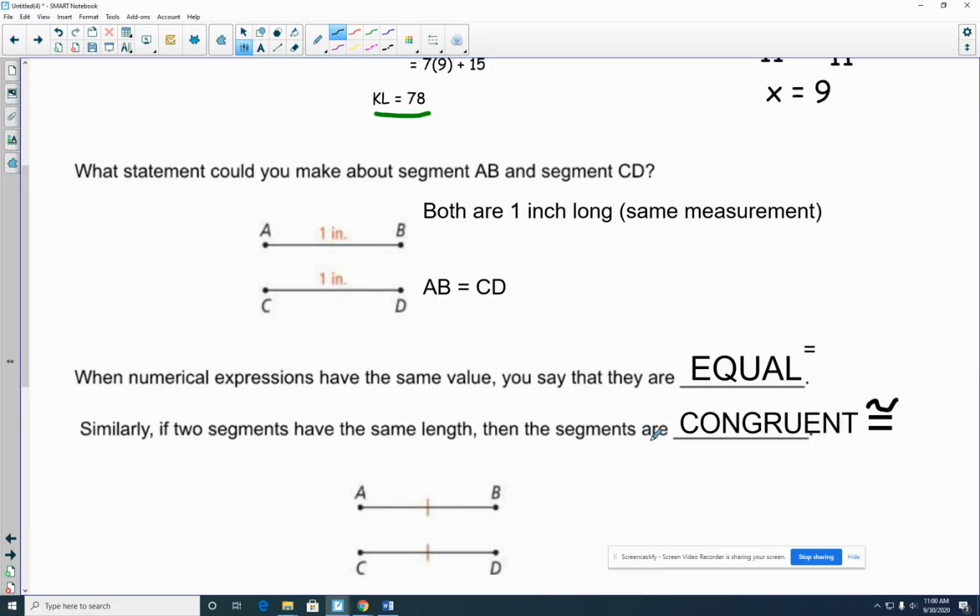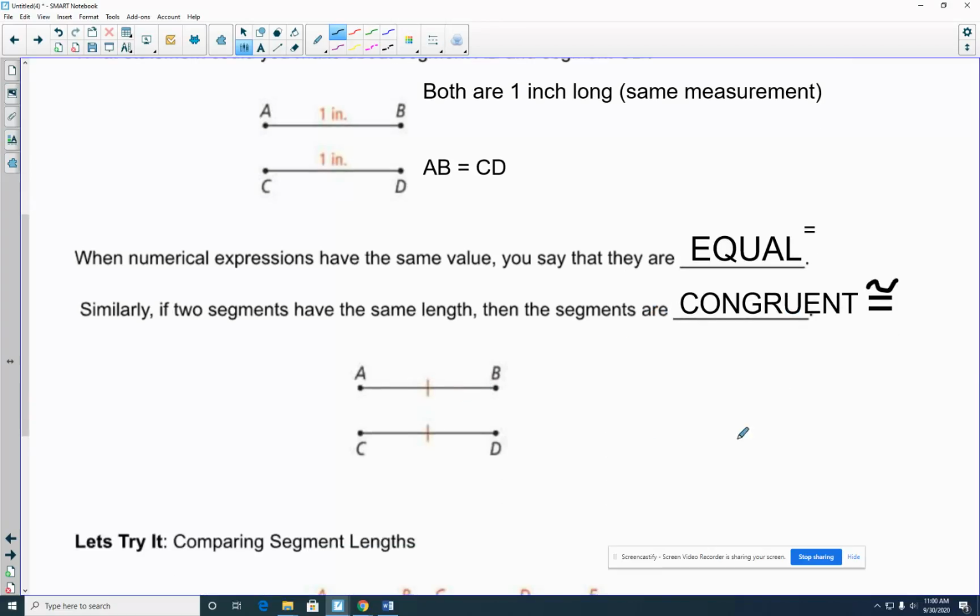Now take a look. If two things are congruent, it's like you have an exact copy. So down here, AB and CD, you would tell me that they're the same length. A and C match up, B and D match up. So they would be congruent. You don't see any numerical values here, but you do see this little tick mark through it. When you see a tick mark, it tells you that if this segment has one tick mark, any other segment that has one tick mark is automatically congruent, automatically the same length.